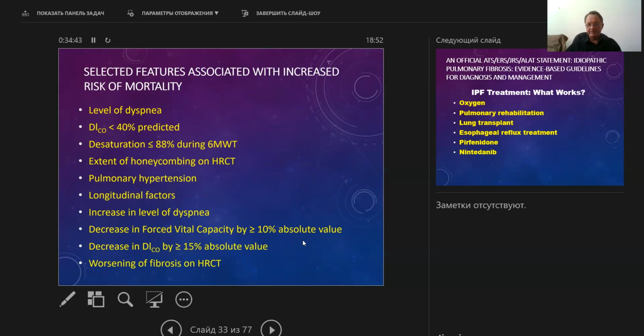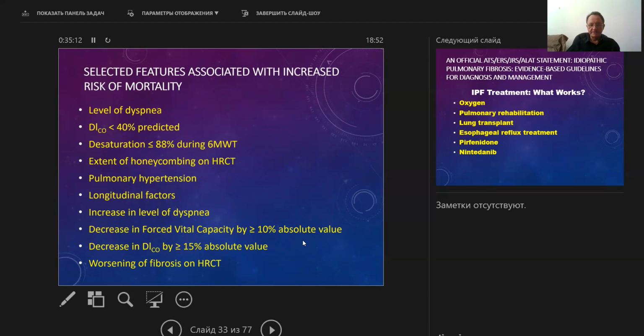Also, increased level of dyspnea, a decrease of forced vital capacity of more than 10% from the absolute level, and a decrease of diffusion capacity of more than 50% from the absolute level during, for example, 3 months of monitoring this patient also confirm an increased risk of mortality.